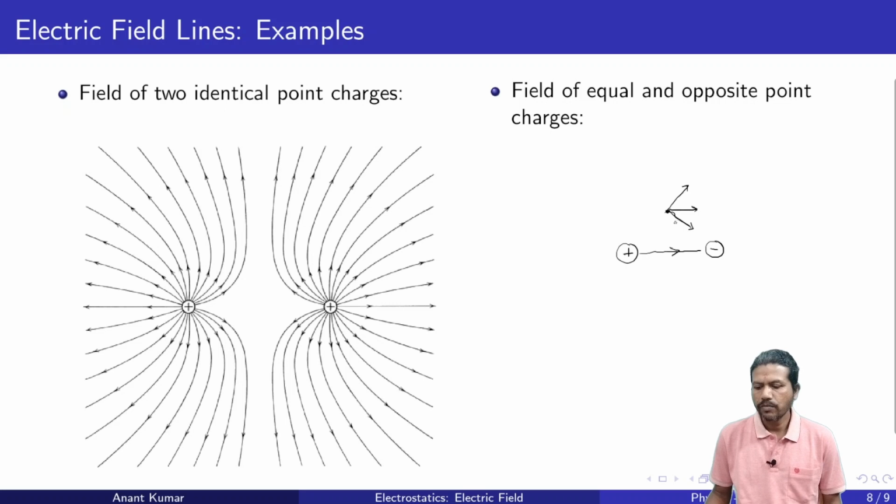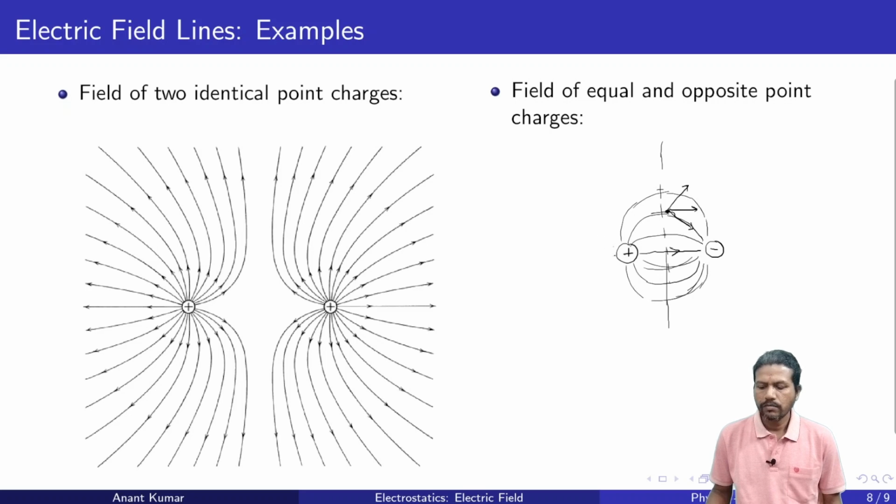The resultant therefore becomes horizontal, which means that in this case, at the middle, on this equatorial plane, the electric field lines must cut horizontally everywhere. So it should be something like this, very much like a bar magnet actually.